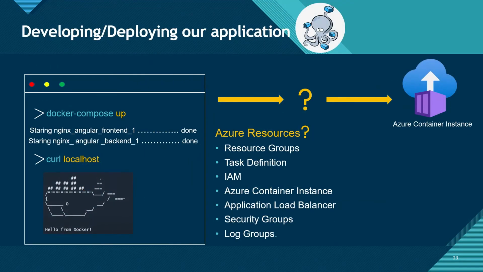So when we deploy our containerized app into production, what we end up doing is saying docker compose up, and it eventually deploys the resource group, task definition, identity and access management, Azure Container Instances, application load balancer, security group, log groups, everything.